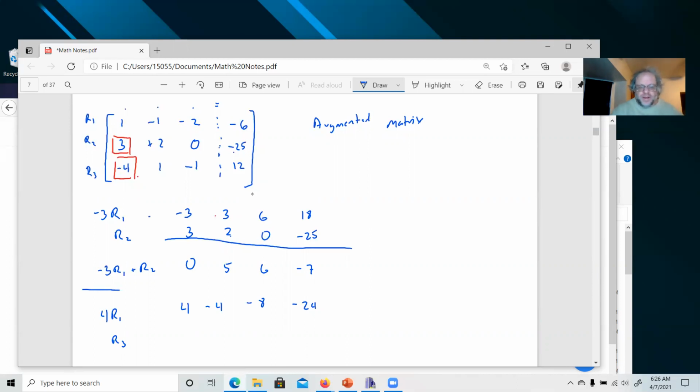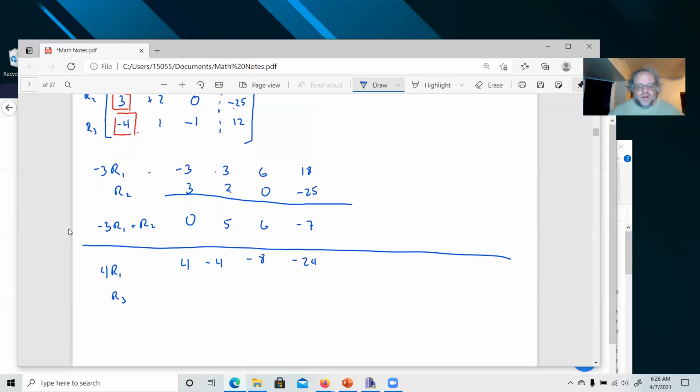Okay, let's go ahead and separate these. All right, and then row 3, we're just going to write this down: -4, 1, -1, 12. And we're going to add them together.